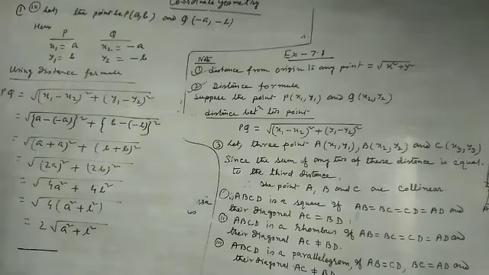So 2 root A square plus B square. This way we find the distance between two points using the distance formula.